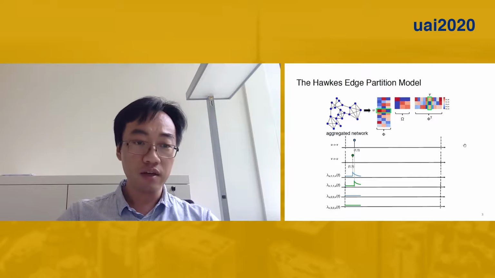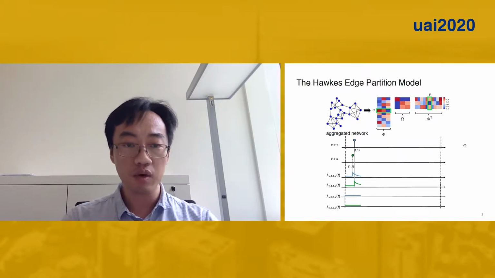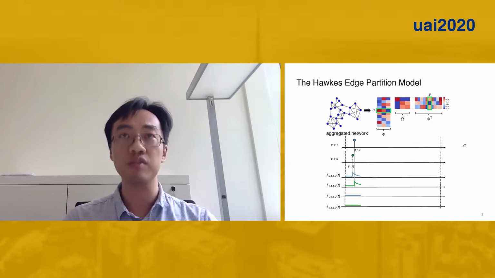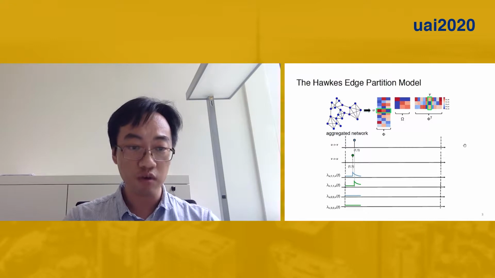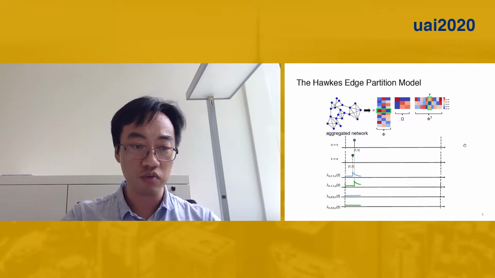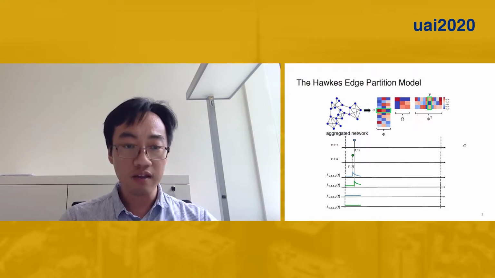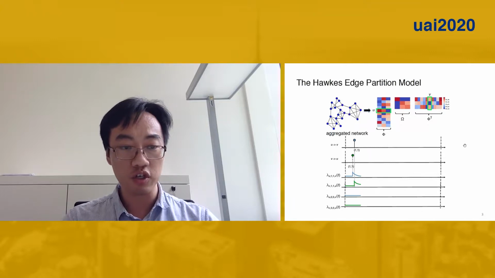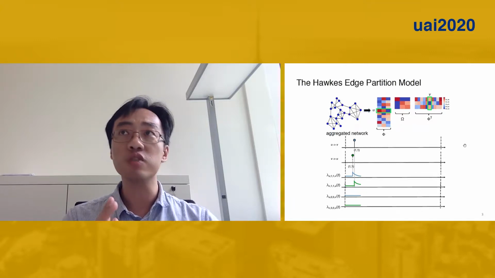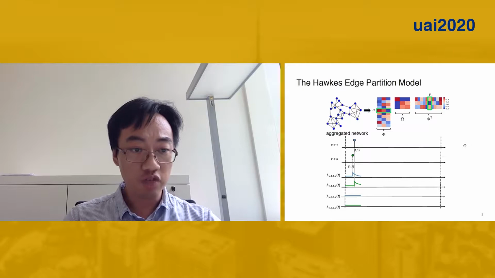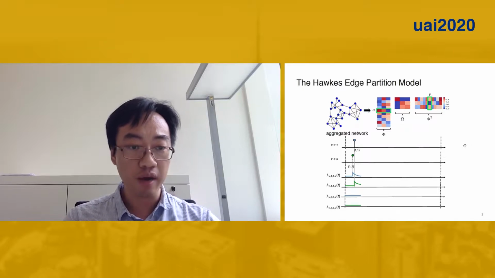So the main idea of the Hawkes edge partition model is, we have a single network snapshot aggregated from the temporal interaction events data, as shown in this figure. We factorize the corresponding adjacency matrix to infer the underlying latent community structure. We assume each event between two nodes is driven by the latent communities behind these two nodes.